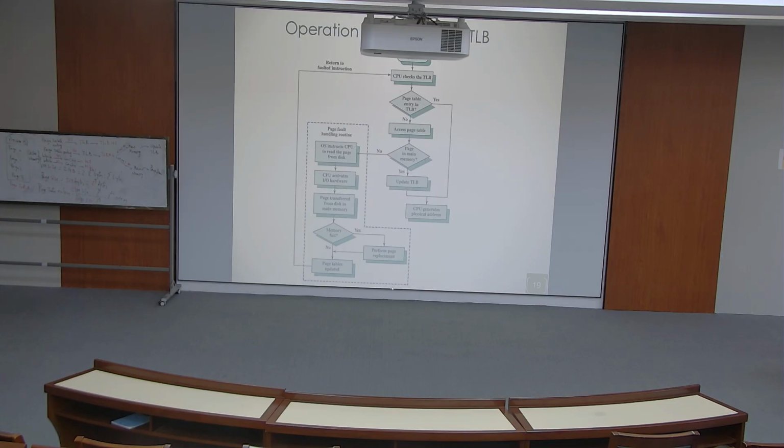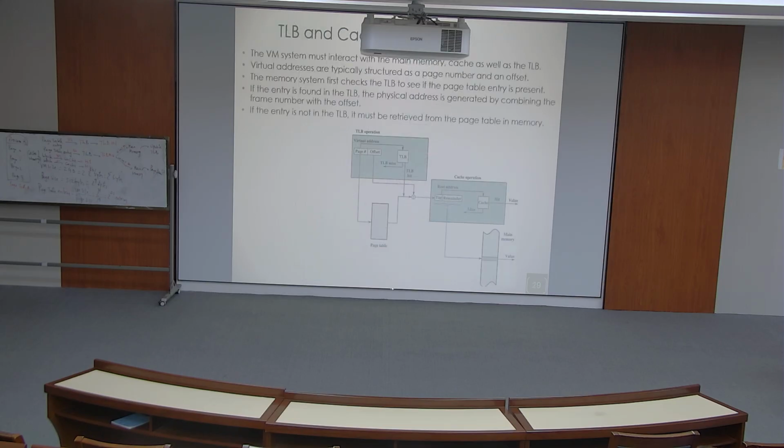All right, so we're going to continue with the TLB and the cache operation. The virtual memory system has to interact with the main memory, cache memory, as well as the translation look-aside buffer. So we have the virtual addresses, which include the page number as well as the relative address within the page, that is the offset. Then the memory system has to first check the TLB to see if the page table entry is present there or not.